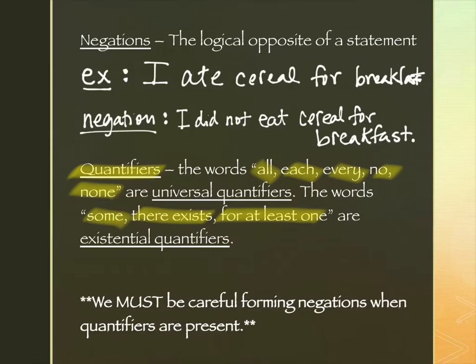Right? Not some, not one, all. So those phrases where we have these distinguishing features as to how many are called quantifiers. There's two types of quantifiers. The first one, where it has all, each, every, none, are called universal quantifiers. They apply to everyone or to no one.